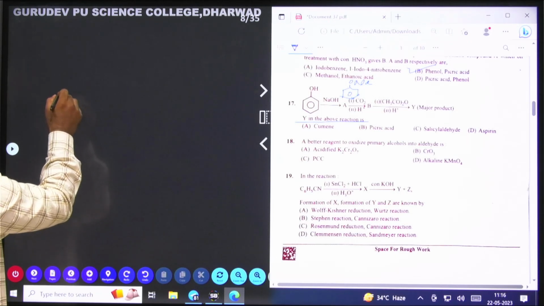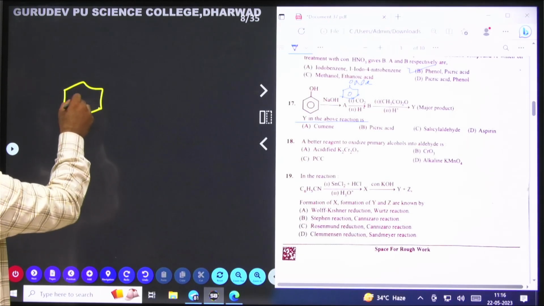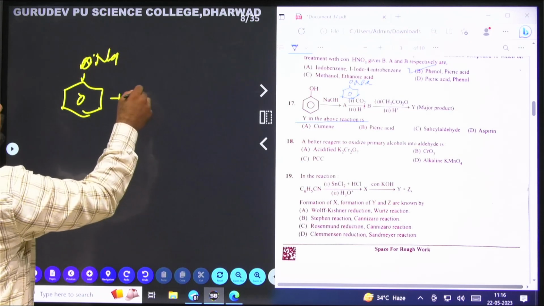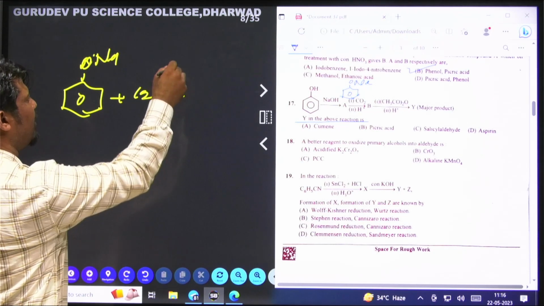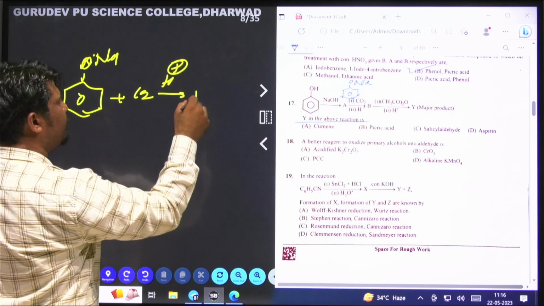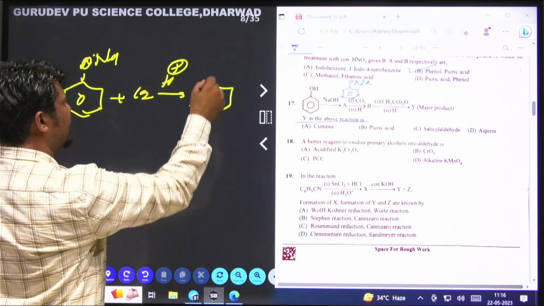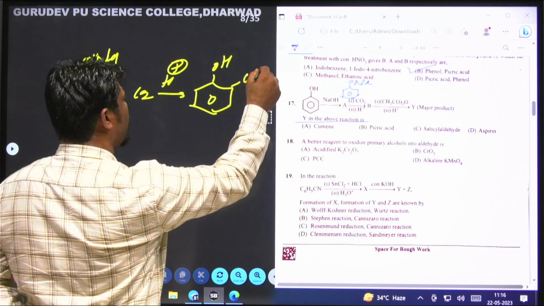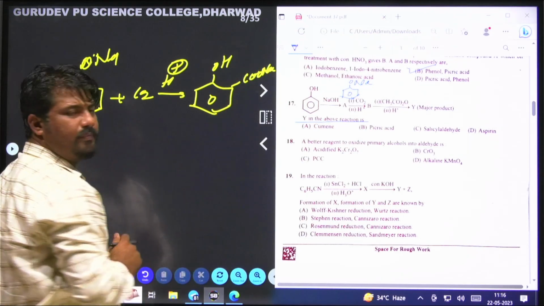It is a Kolbe reaction. Just I will write here: sodium phenate reacted with CO2 in the presence of H plus ion. It is a Kolbe reaction. As a result, it becomes the OH and COONa compound.